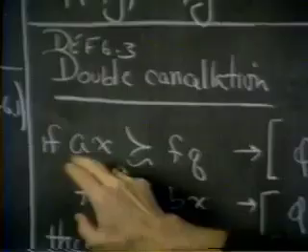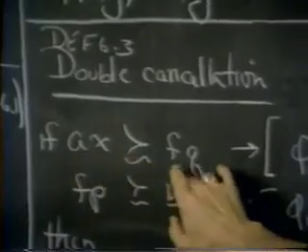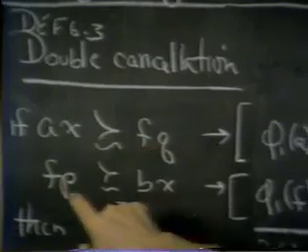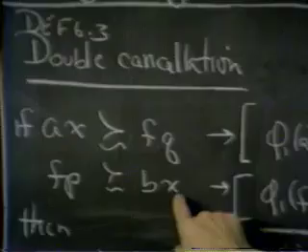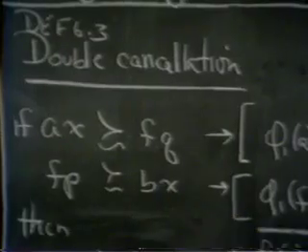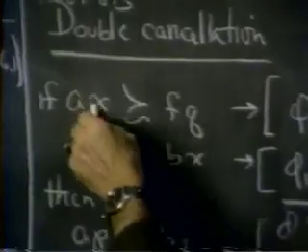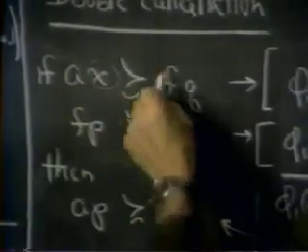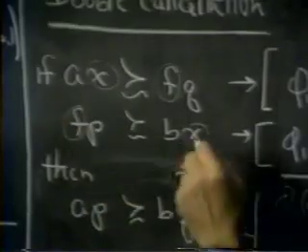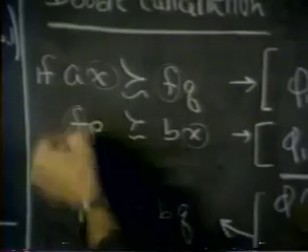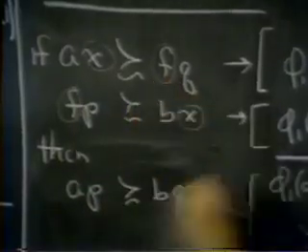It says that if you have a pair AX qualitatively at least as large as FQ and FP qualitatively at least as large as BX, and notice something now, there's a pattern here. There's an X here, and there's an X there, there's an F here, and there's an F there. The conclusion is that AP is qualitatively at least as large as BQ.